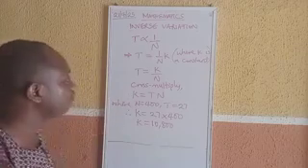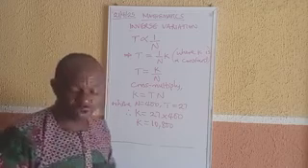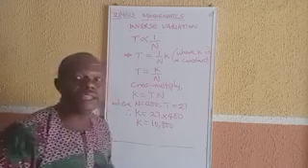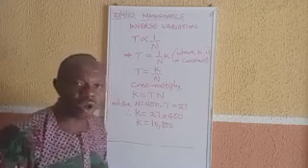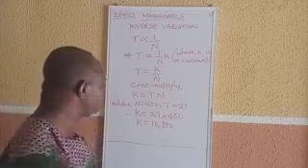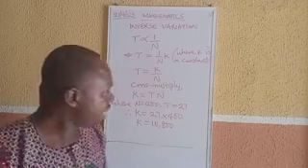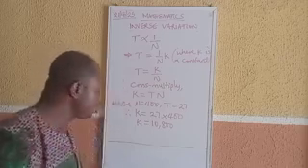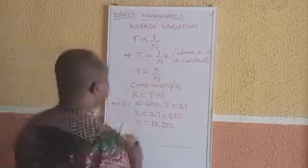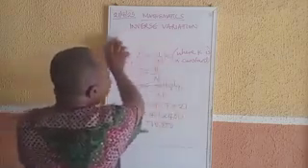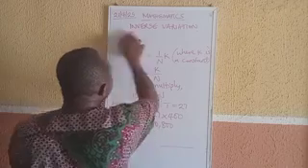Having obtained K, the next thing we'll do now is to write out the law of variation, or the relationship that is connecting T and N. Do we recall the point where we introduce our value for K?